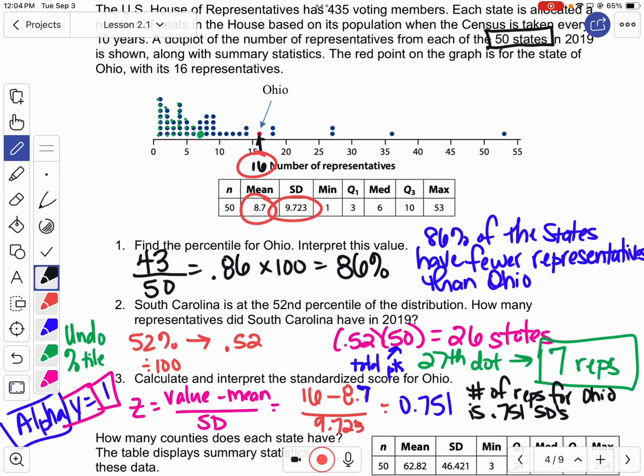It's going to be above. If you get a positive answer, it's above. So again, in some of your drop-down menus, that's what they're going to ask us, to interpret it. So the number of reps for Ohio is 0.751 standard deviations above the mean. Go get you some lunch.